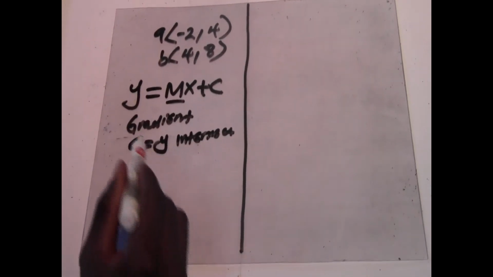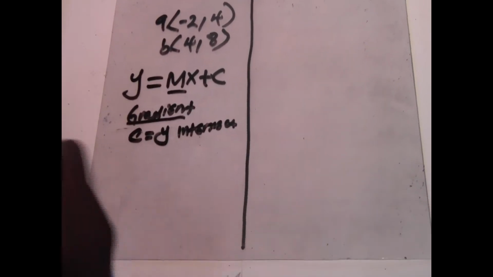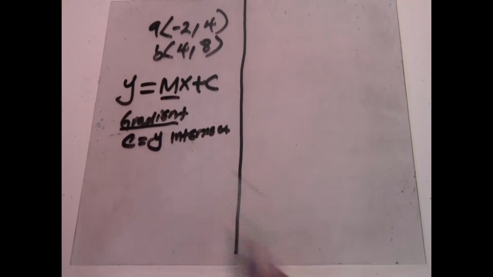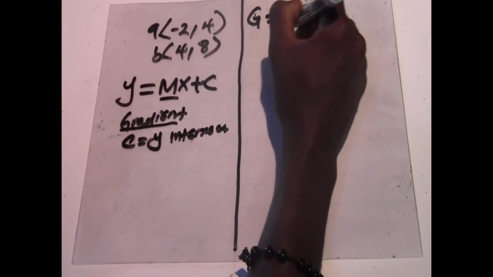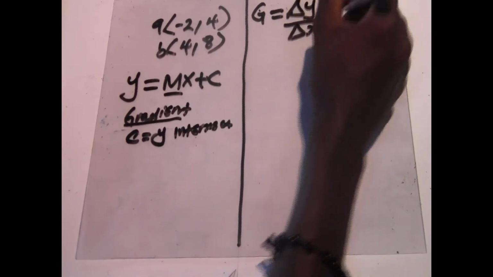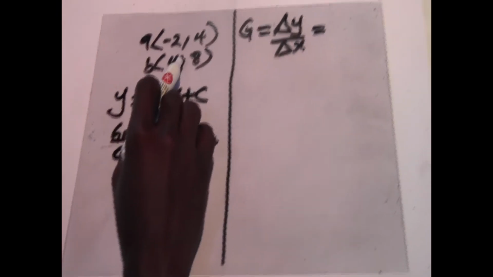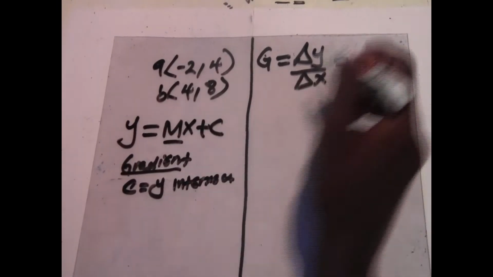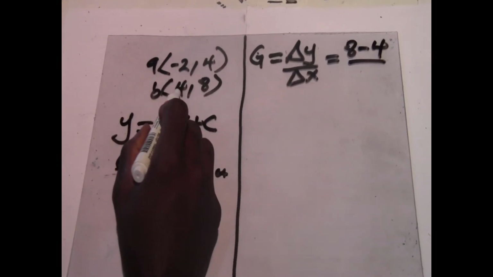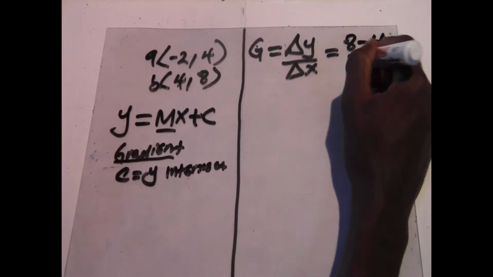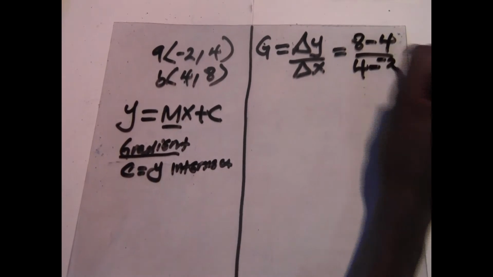The first thing you have to do is you do what we did on our previous video, finding the gradient of a line. And remember, what did we say? Gradient of a line, we find it by changing y coordinates over changing x coordinates. For this, changing y from 4 to 8. So it's 8 subtracted to 4 over what? 4 subtracted to -2.